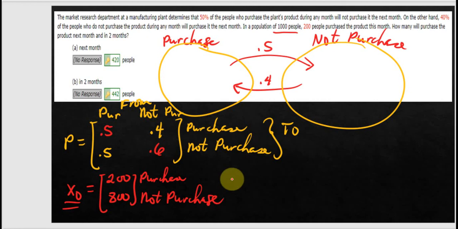And so, since we're talking about months, x of 1 would be the next month.